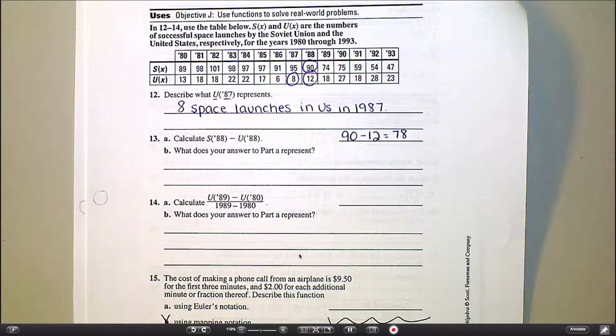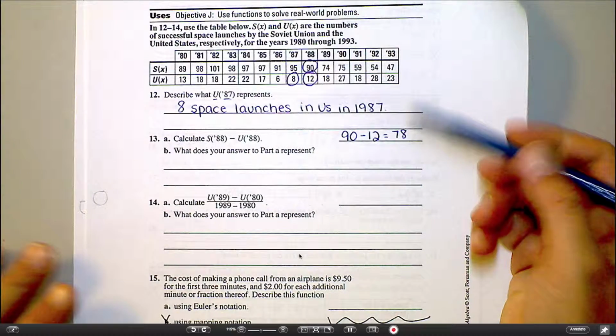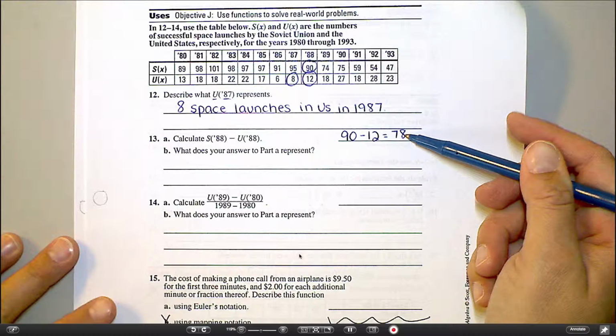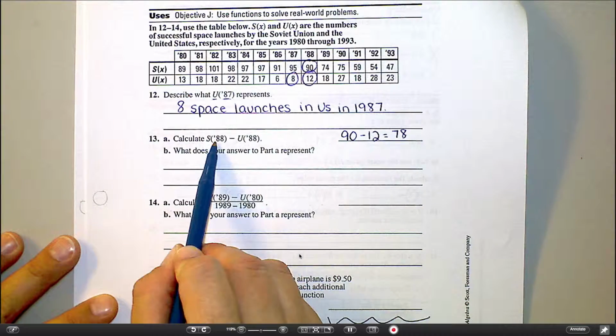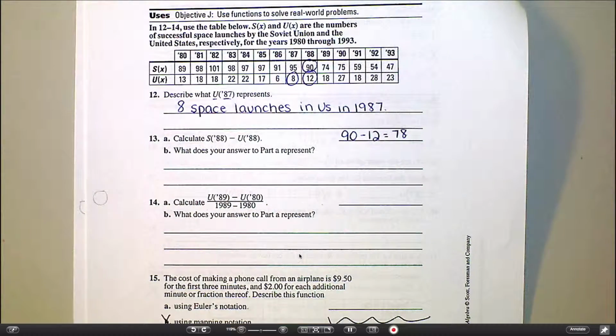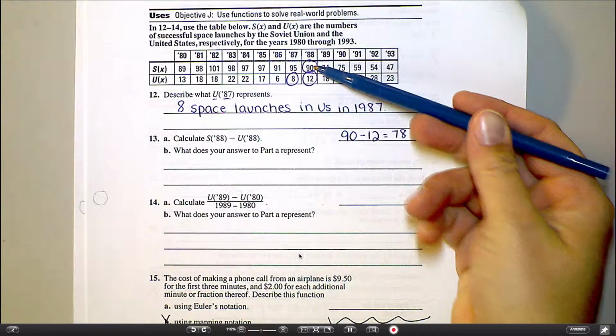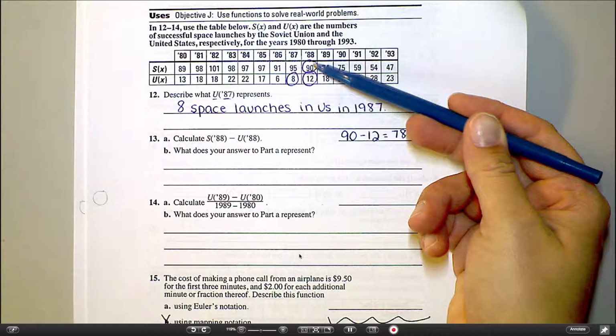Okay, what does that mean? 78. Okay, there's a difference of 78, right? So there were 78 more space launches in the Soviet Union in 1988. That's the reason you would subtract those, right? The reason, when I subtract these, that's what it's telling me.